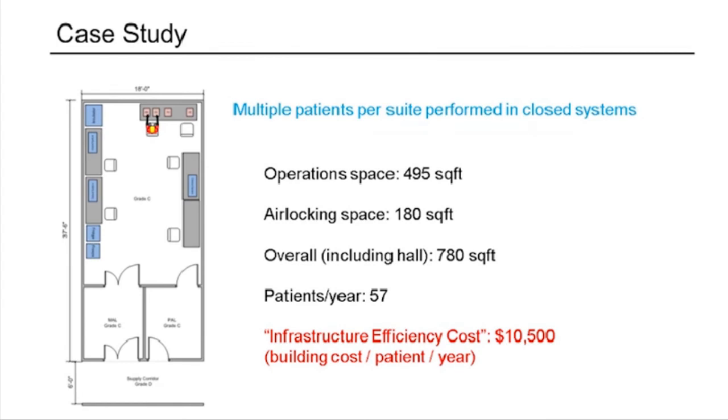And then this case study is also maybe a little skewed because you might not be doing all of your operations within the same suite the way we have shown it here in these examples. You might be doing, for example, cell washing, selection, activation in one suite, and then offsetting expansion to a lower class separate suite, and then maybe you're doing harvest and formulation in one suite, and then filling and cryogenic freezing in a 4th suite, for example.